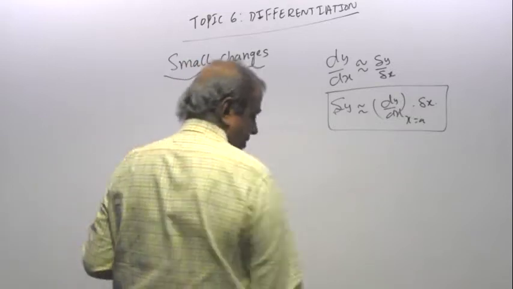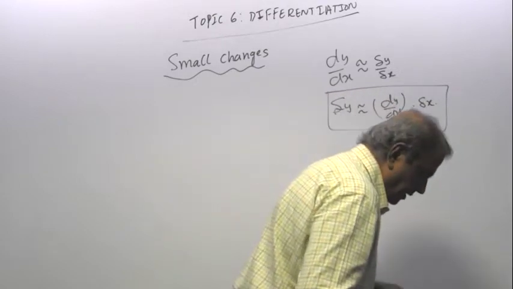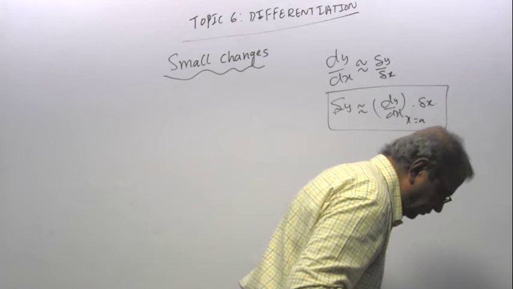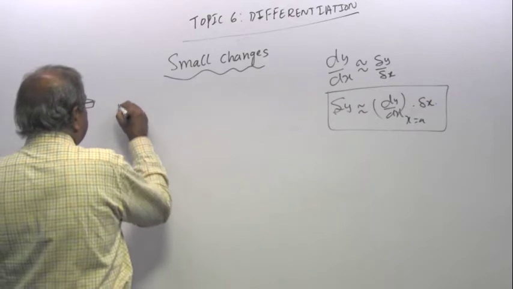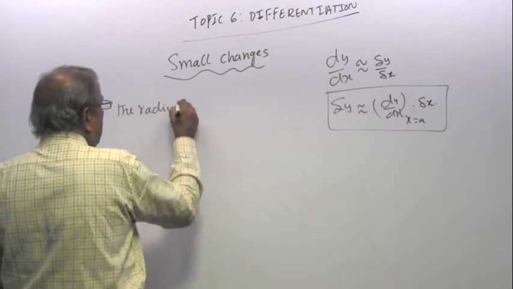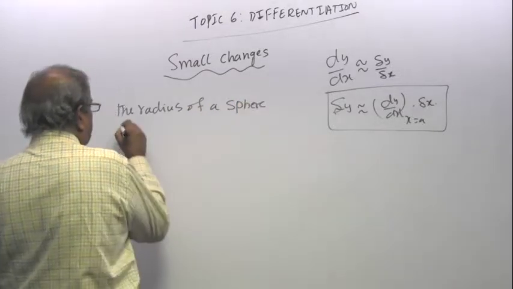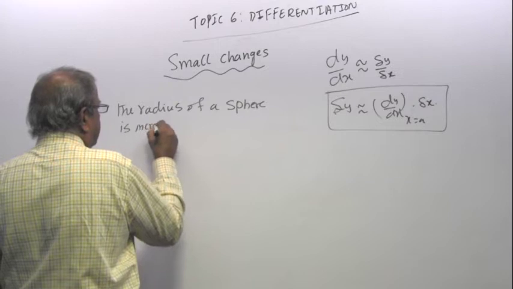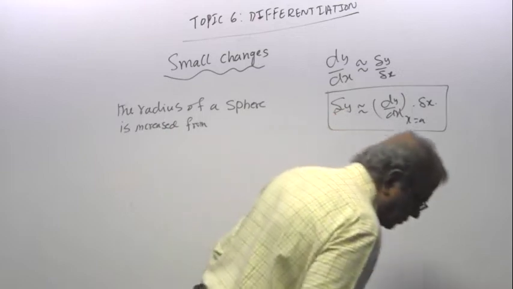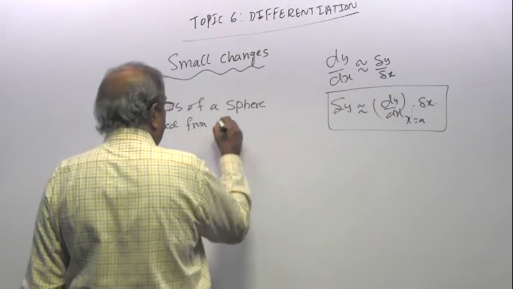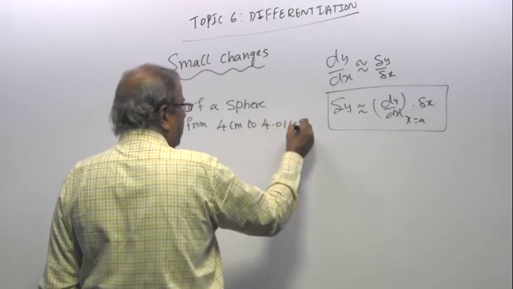So, for example, let's say you're told that the radius of a sphere is increased from 4 centimeters to 4.01 centimeters.